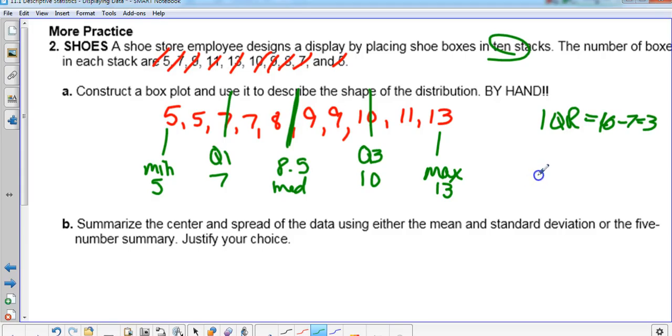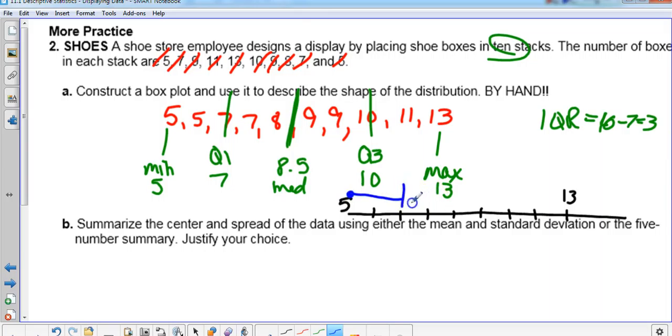To do this by hand and draw a little, you would need a scale, okay? So if I start this at 5 and I just mark off evenly, there's 6, 7, 8, 9, 10, 11, 12, 13. You want a nice scale. Then to use the numbers from our question here, our first whisker starts at 5 and it goes to 7.